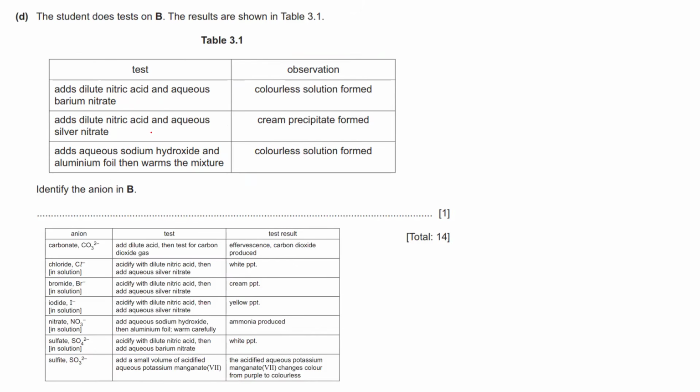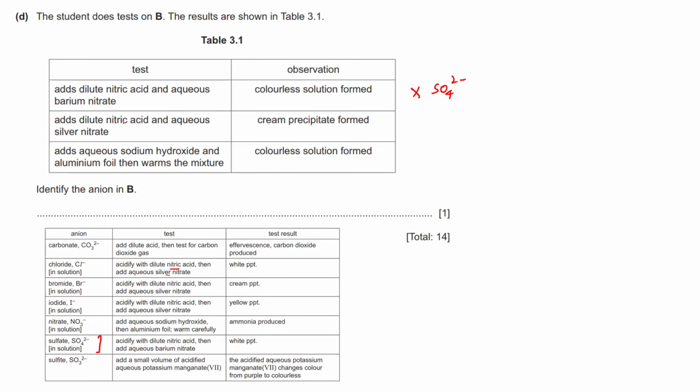Remember, we do this in solution to confirm the sulfate ion. There is no white precipitate, a colorless solution. It means the absence of sulfate ions. There are no sulfate ions.